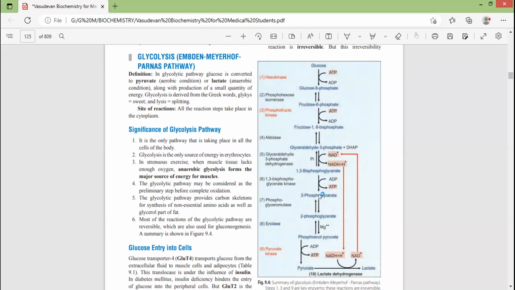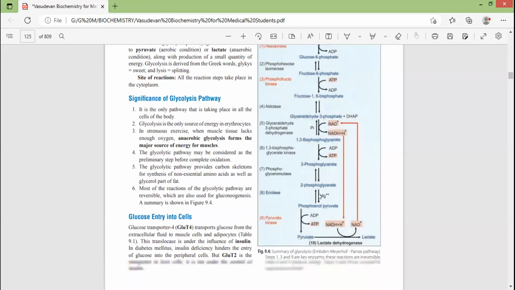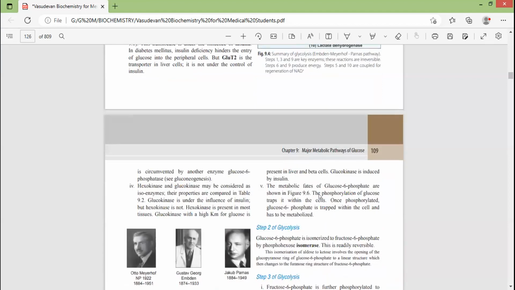Now, when we go through the electron transport chain, we'll see the significance of this NADH, and from the TCA cycle, we'll also see NADH again and FADH. Because this NADH and FADH go to another electron transport chain to produce more ATP. But we'll see that when we're doing the electron transport chain.